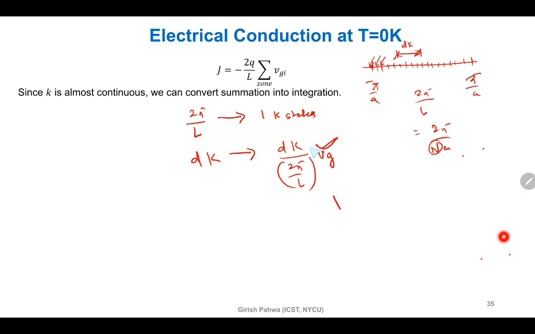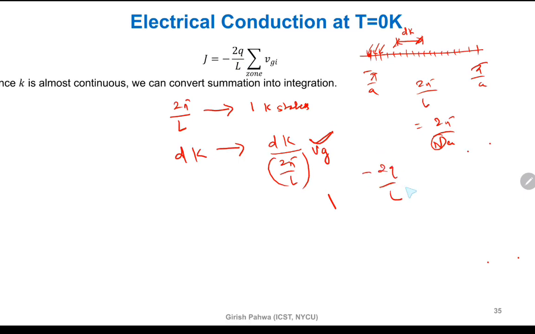So how much current will you have? 1 k state used to contribute minus 2q by L into Vg. These many states will contribute how much current? dk divided by 2 pi by L is the number of states, and all of these states have the same velocity Vg, and you will also have this minus 2q by L. So this is the current contributed by the states in this width dk.